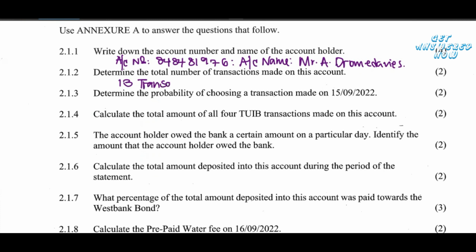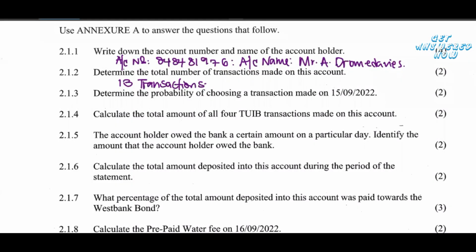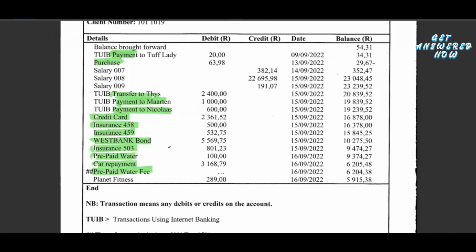Transactions when money leaves the account. Okay. We can ask ourselves, what is a transaction? Transaction means any debit or credit on the account.